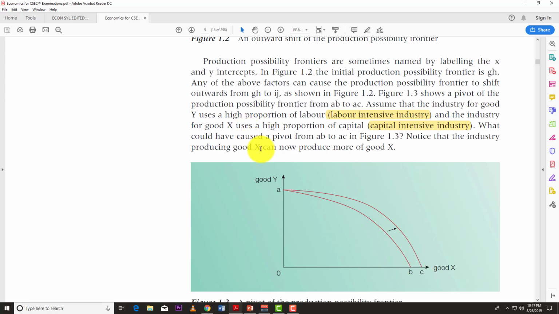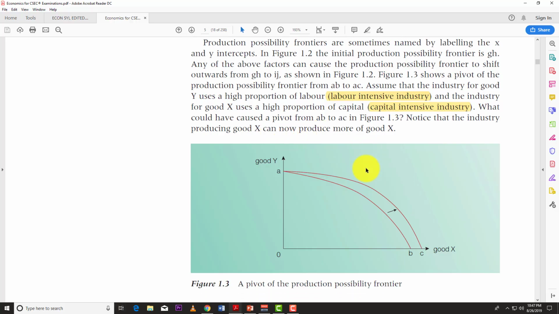What could have caused a pivot from AB, which was the original one, to AC? What could have caused that? Notice that the industry producing X can now produce more of X. Why?